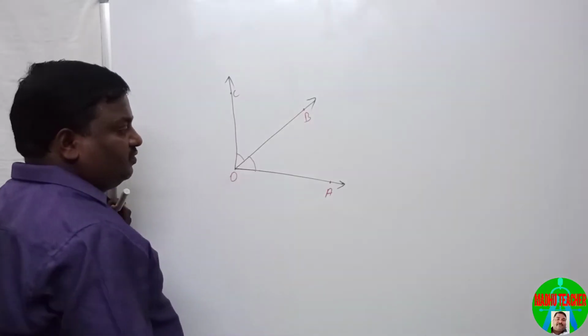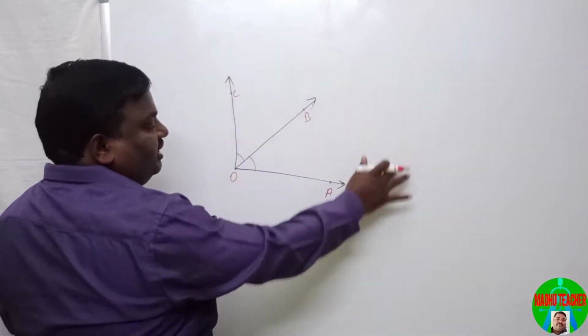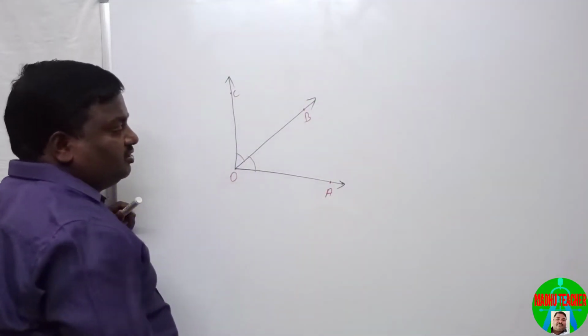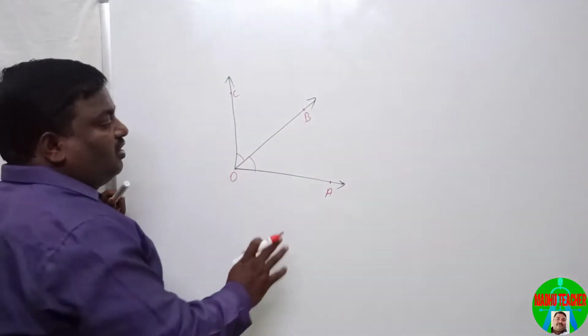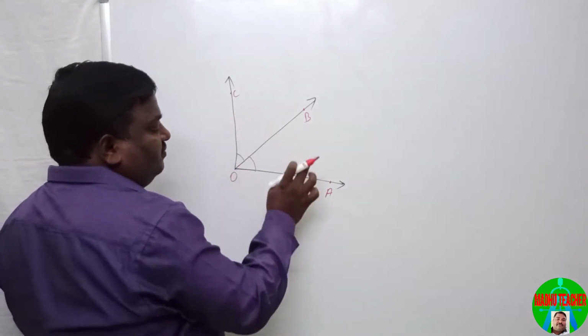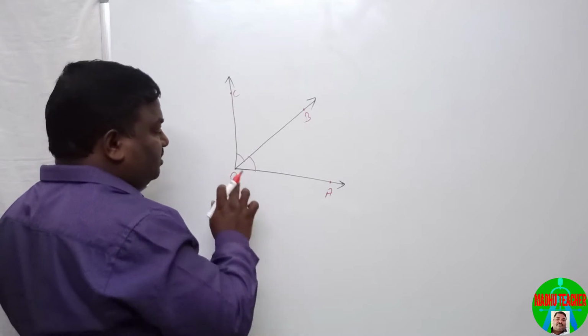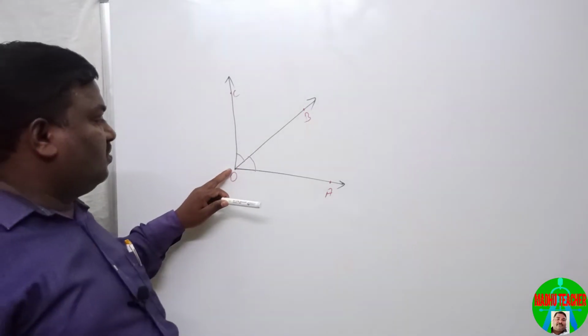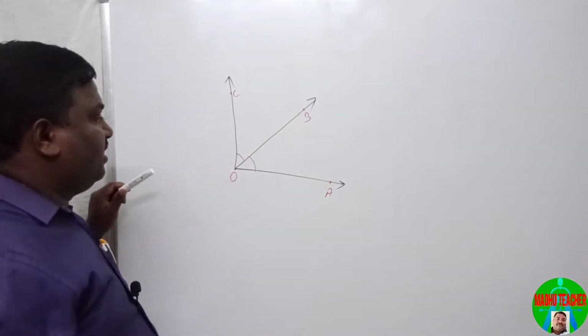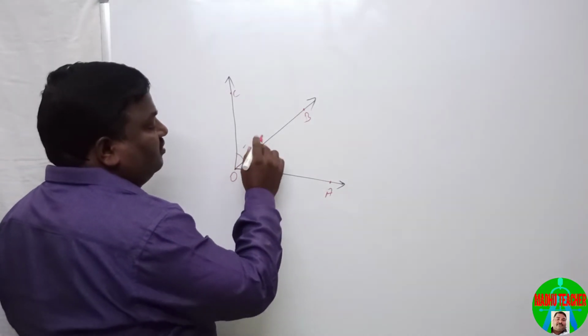Okay, next one is adjacent angles. So what are adjacent angles? Adjacent means side by side angles. Let us observe this figure. In this we have three arms, OA, OB and OC, and a common vertex, and there are two angles.